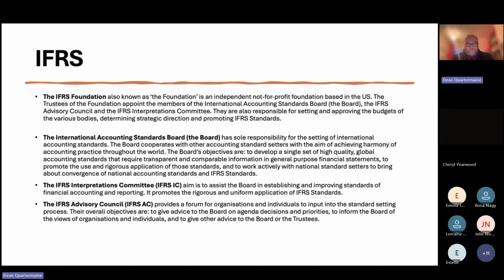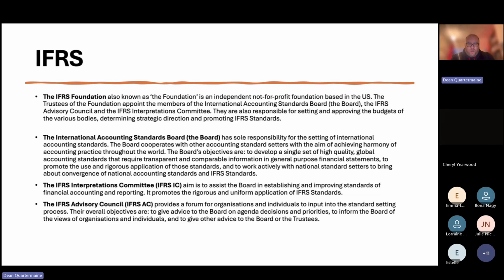And then finally, there's the Advisory Council that provides a forum for organisations and individuals to input into the standard setting process. The overall objectives of that are to give advice to the board on agenda decisions and priorities, and to inform the board of the views of organisations and individuals of various accounting standards.